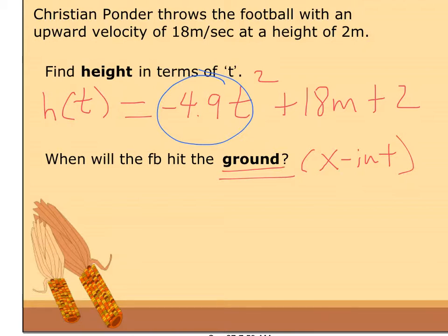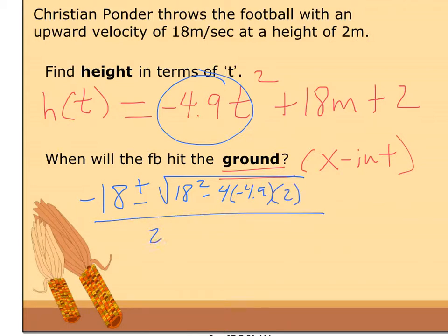The quadratic formula says that the opposite of b, which is negative 18, plus or minus the square root of 18 squared minus 4 times a times c, all over 2 times a.